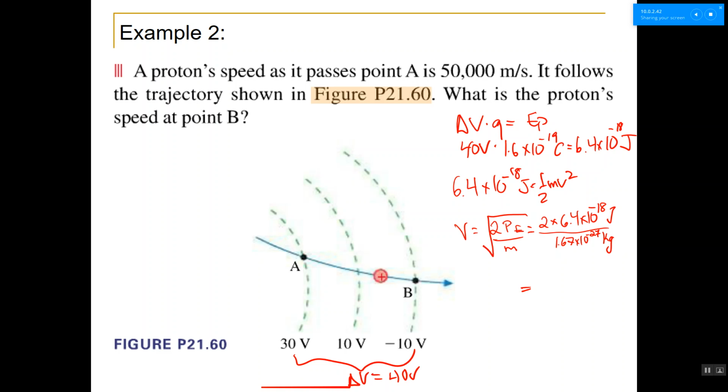So again, the potential energy that I lost is going to be used to gain kinetic energy, and that kinetic energy gets converted to a velocity. That's little v for velocity, not voltage.